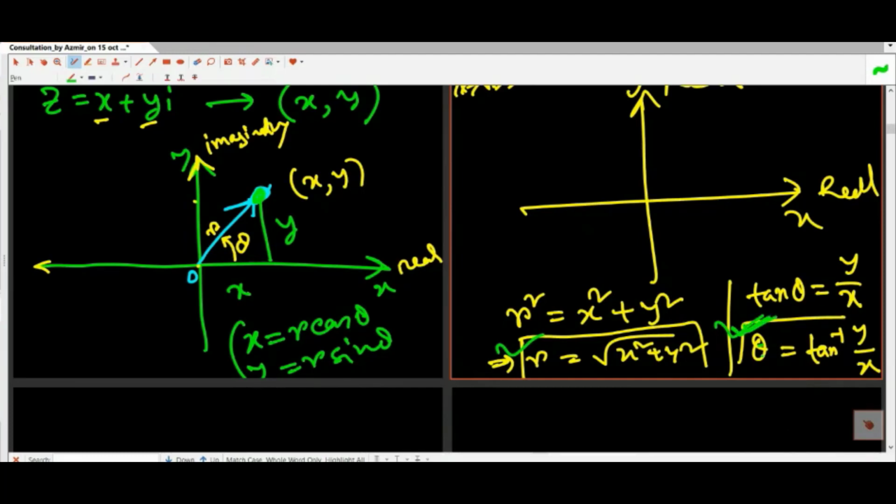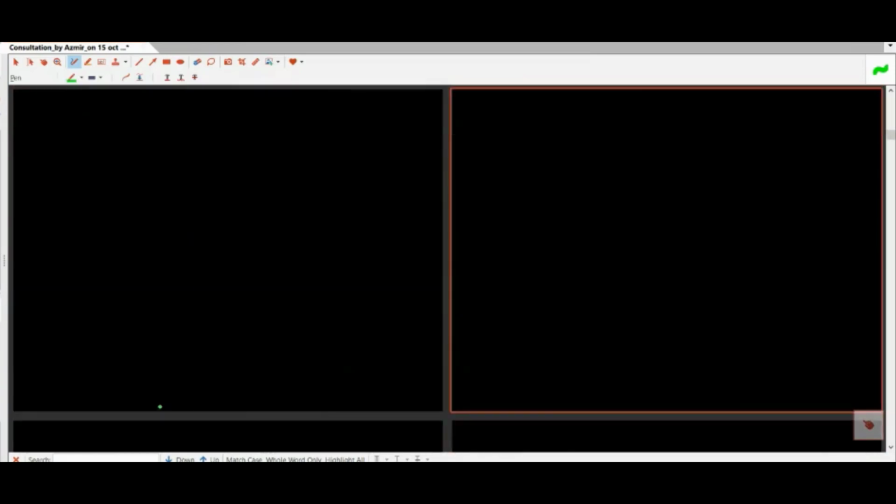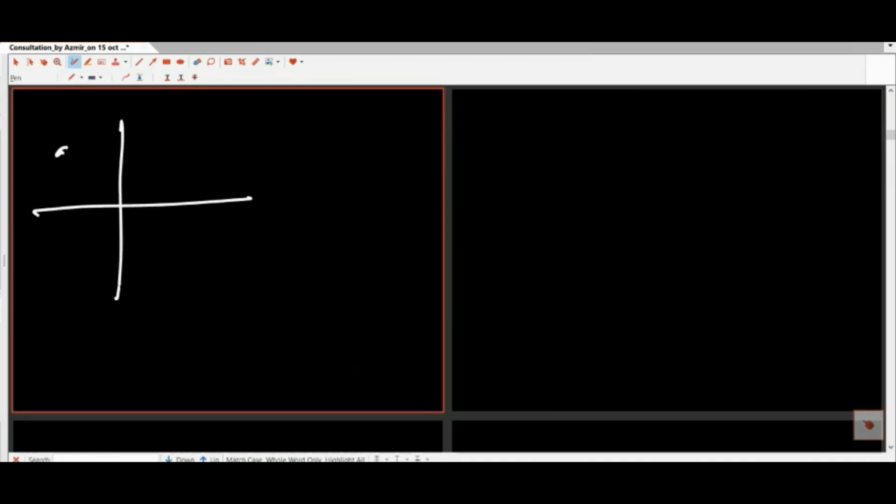This argument is always directed from the positive x-axis to the line. A point can be in the second quadrant, let's say here. The distance from the origin to the point x comma y is r, and from the positive x-axis to the line it will be theta.